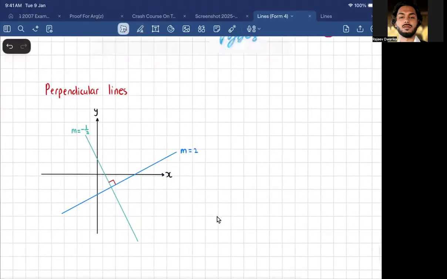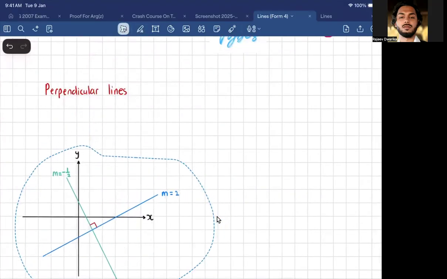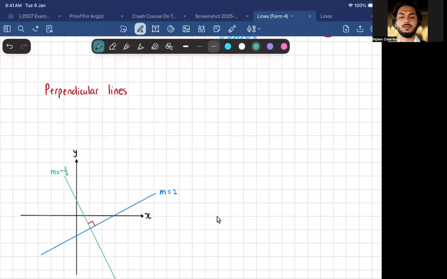Right. So let me just write down a little note about perpendicular lines. So perpendicular lines are lines that are 90 degrees apart.